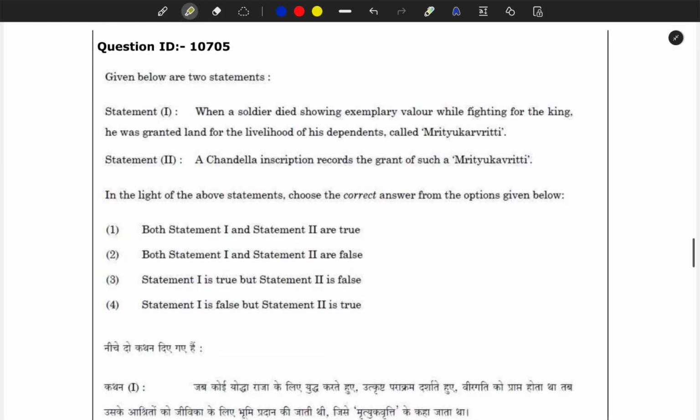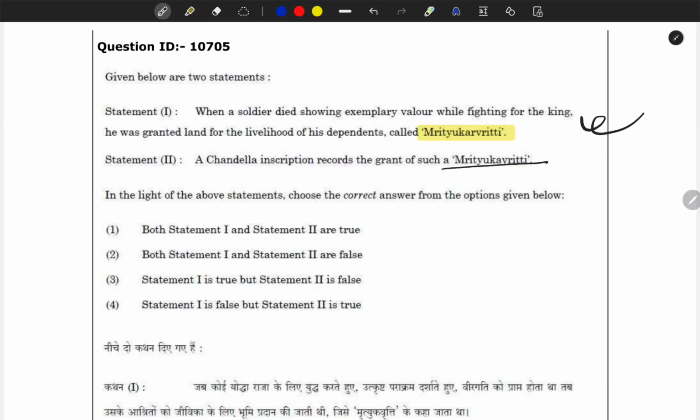Next is again a statement type of question. When a soldier died showing exemplary valor while fighting for the king, he was granted land for the livelihood of his dependents, called Mrityu Vritti. This statement is correct, and it was in the Chandela time, but we have to read the other statement: Chandela inscriptions record the grant of such Mrityu Vritti.